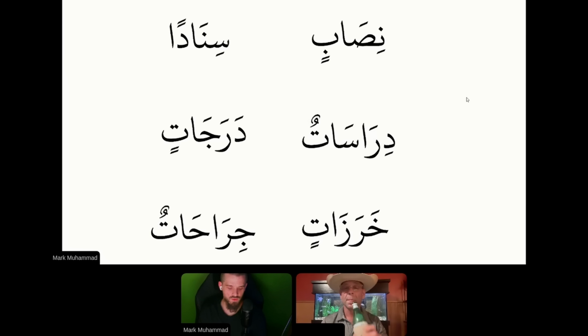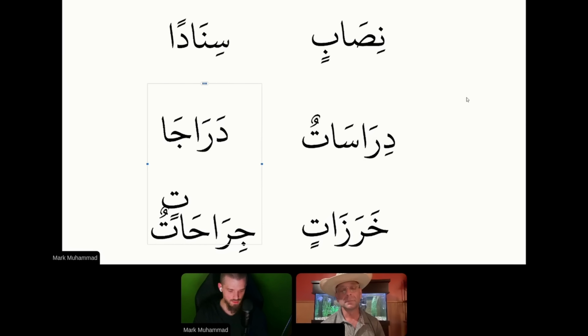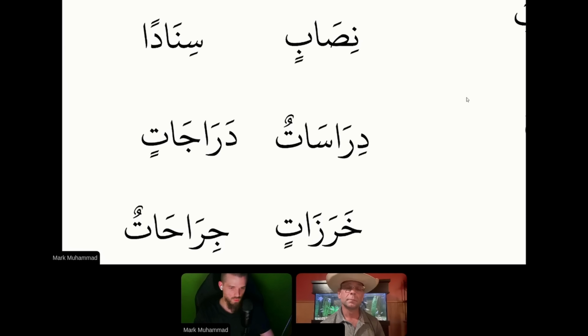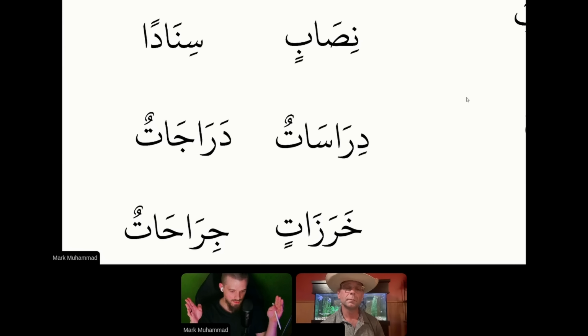Sometimes you find that a lot of words in Arabic are on a pattern, what they call a scale. Dirasatun, darajatun, they have a similar pattern.